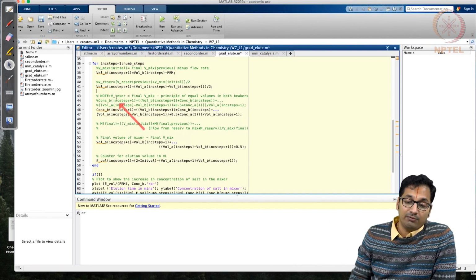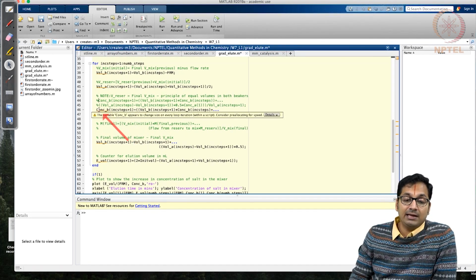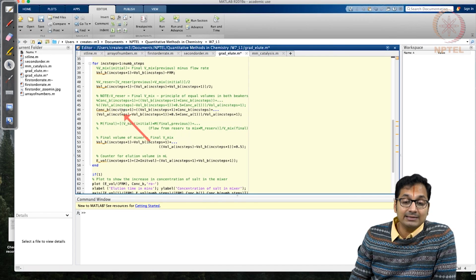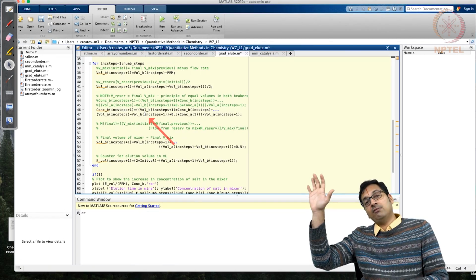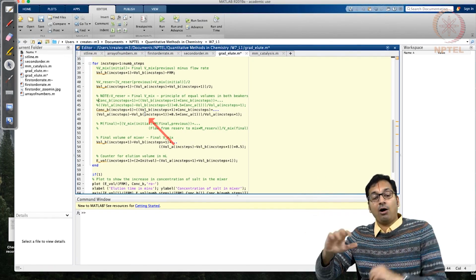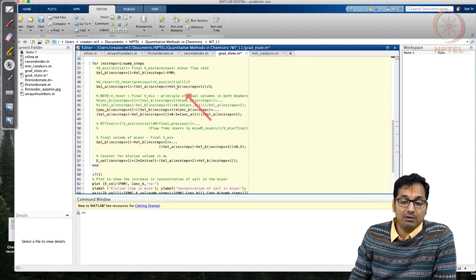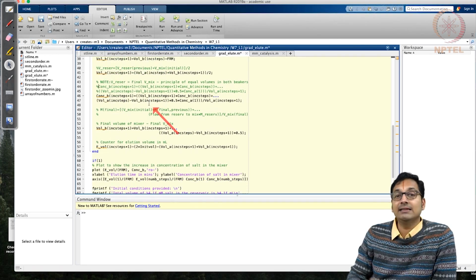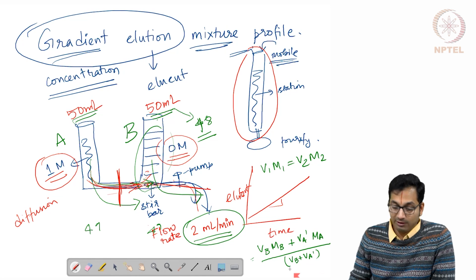If you take a little bit of time, where the comment also gives how the equation is calculated, you will understand. The concentration of B in the next step has to be the volume in B, VB, times MB, plus volume A minus volume B, basically 49 minus 48, how much flows in, times the concentration of A, divided by the total volume that you have calculated in A. So basically this is the formula that I just wrote here in a very quick fashion.